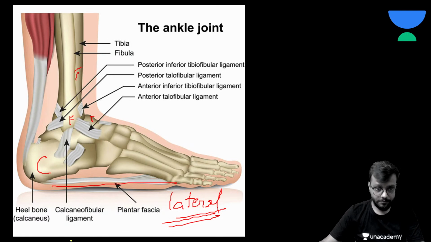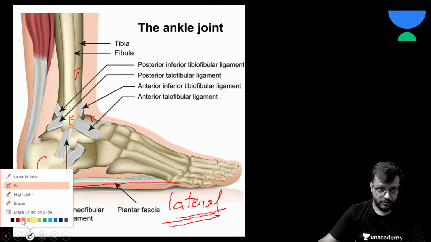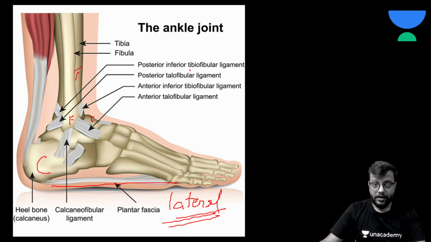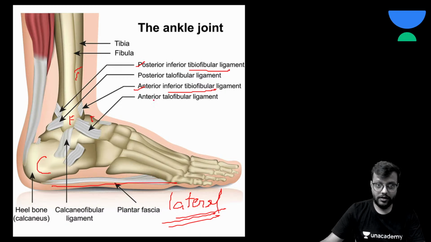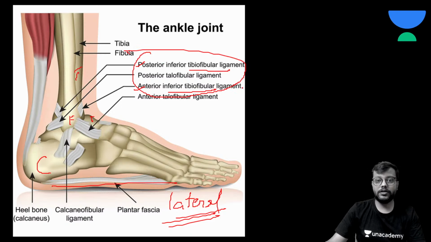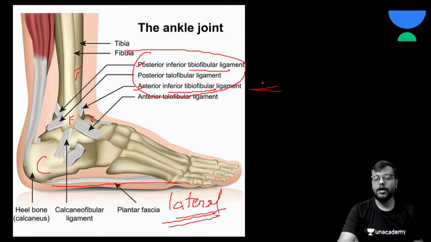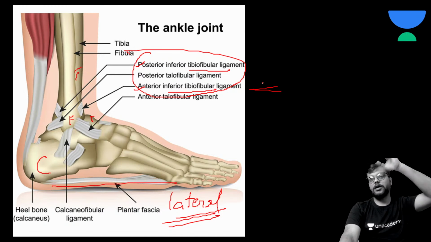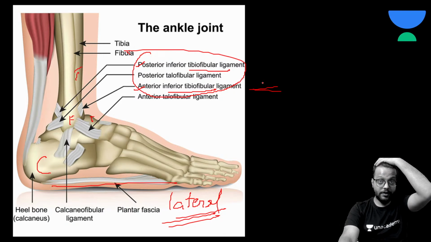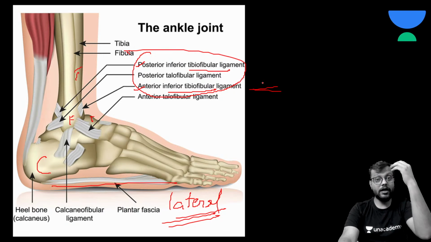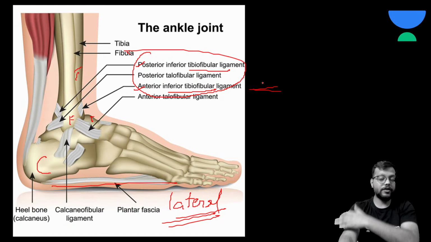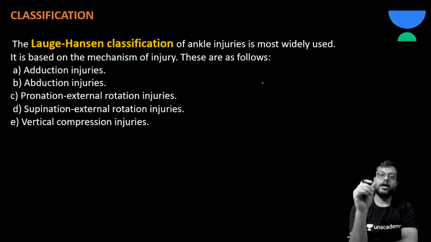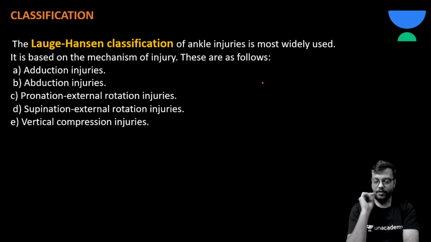Here you can see talofibular, posterior में ऐसा होगा, anterior में ऐसा होगा. Okay, so these are your ligaments. ठीक है, so deltoid medial collateral ligament and lateral collateral ligament. Lateral collateral ligament weak होता है तो ज़्यादा chances of injury are in the lateral collateral ligament.